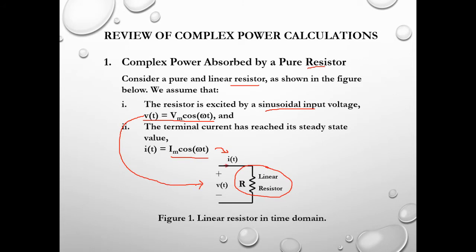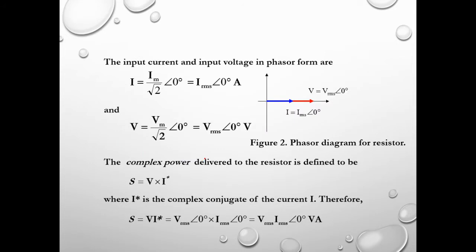Of course this is in the time domain. Since this is a sinusoidal waveform, the input current and input voltage in phasor form are, first, I equal to Im over square root 2.